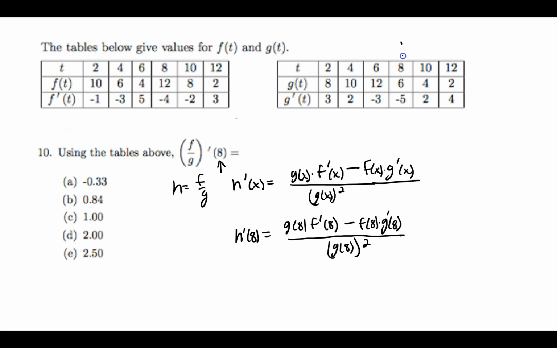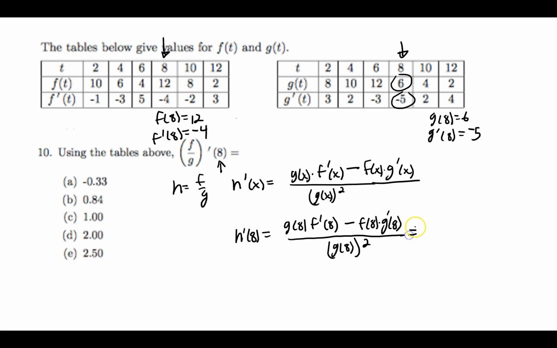And so when x is 8, we have g of 8 is 6. G prime of 8 is -5. So we can put those in. F of 8 is 12. F prime of 8 is -4.